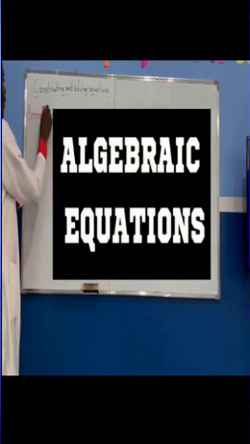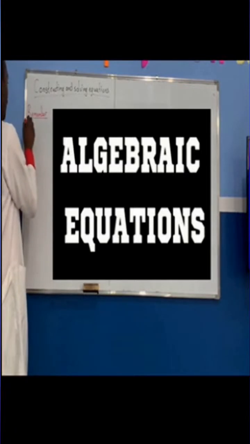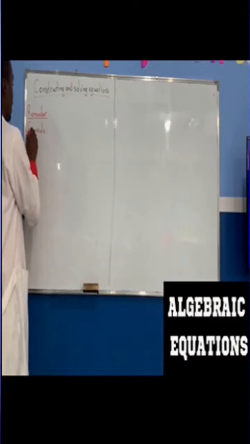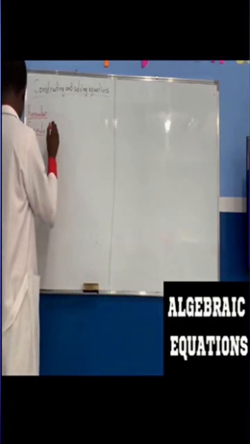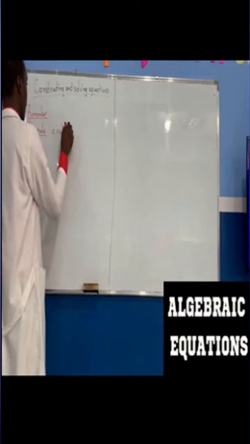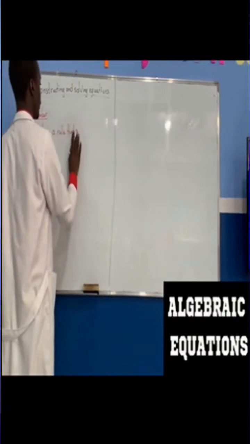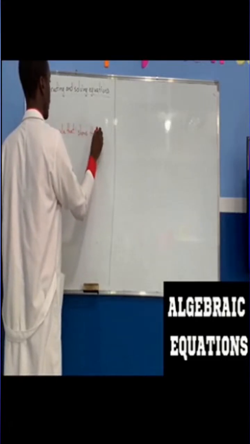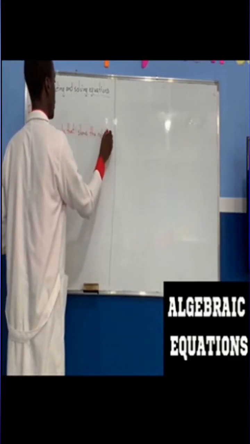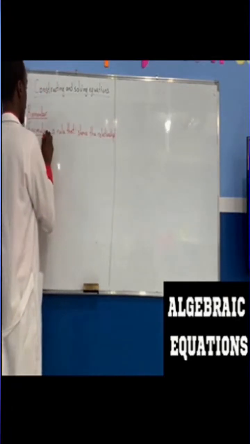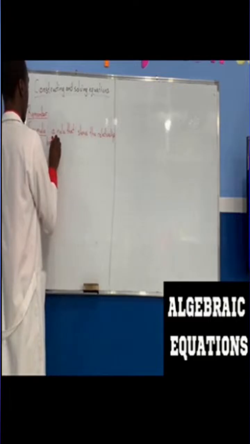Now we need to see if there's a difference between equations and formula and expressions. So a formula is a rule. A formula is a rule which shows the relationship between two or more variables or unknowns or quantities.